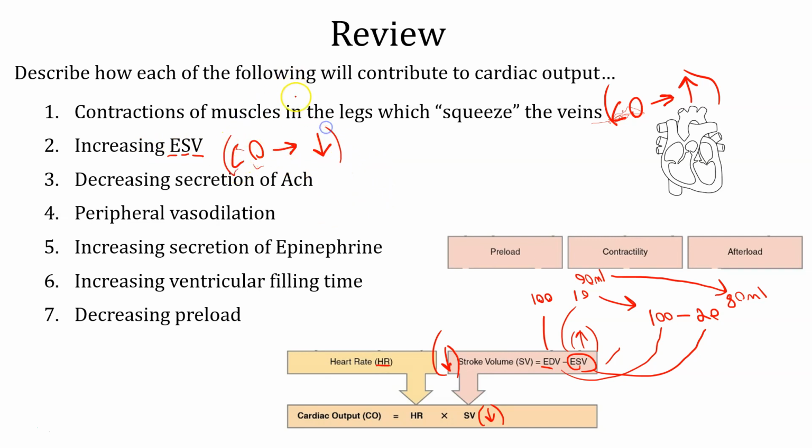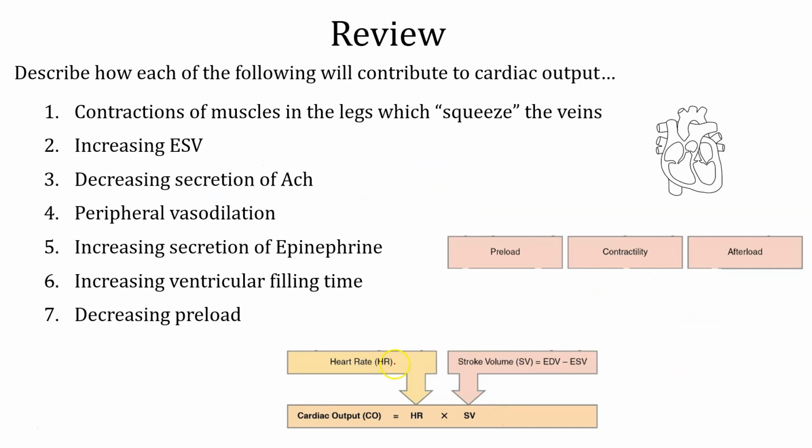Okay, one last one I'll try, and then I'll see if you can get the rest. If we decrease the secretion of acetylcholine, that is going to be something that's released by parasympathetic nerves. And then you just have to recall what parasympathetic nerves do. Acetylcholine is released by parasympathetic nerves to lower the heart rate.